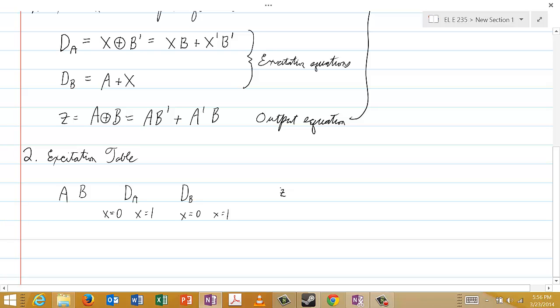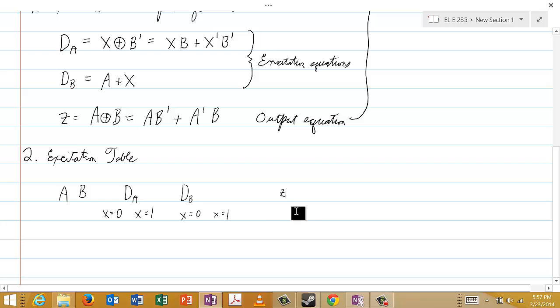And then frequently, even though it's called an excitation table, we'll go ahead and include information about the output as well. Now in a Mealy machine, we would need different columns for the output when X is equal to 0 and when X is equal to 1, because the output Z would depend on X in a Mealy machine.